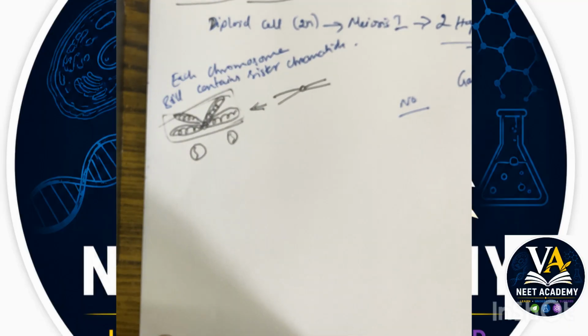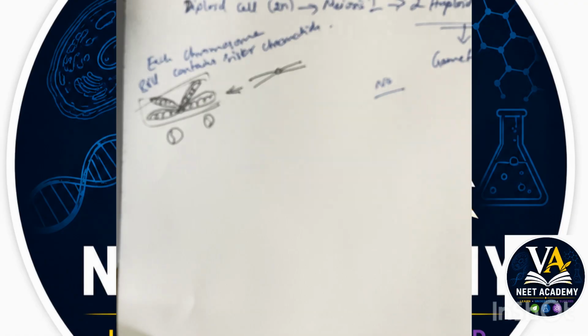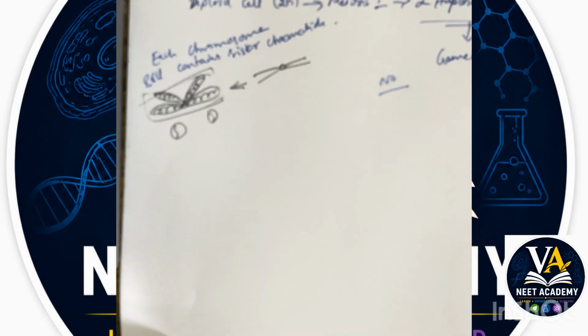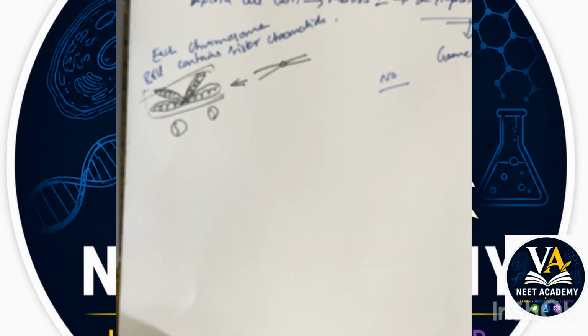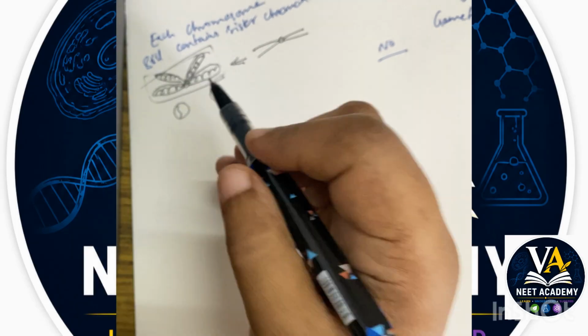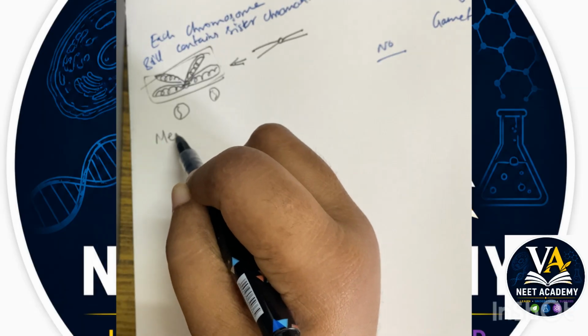Only then does it become a gametic cell. Hope it's clear, students. If not, please do comment so that I can answer you in a better way. Therefore we need the process called meiosis II.